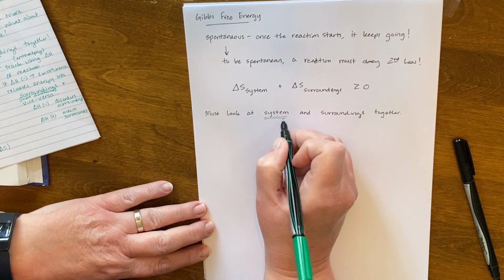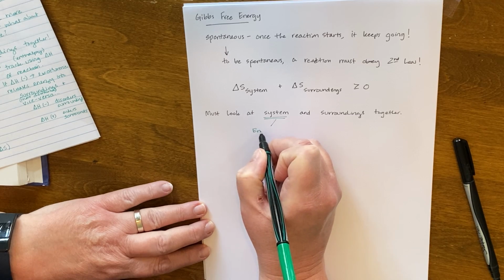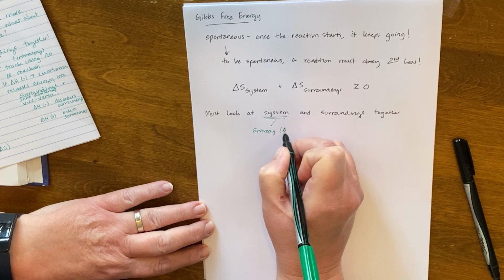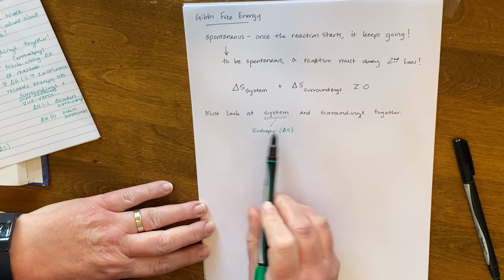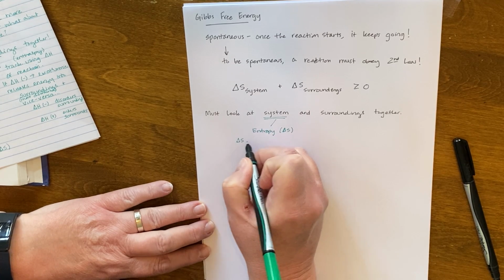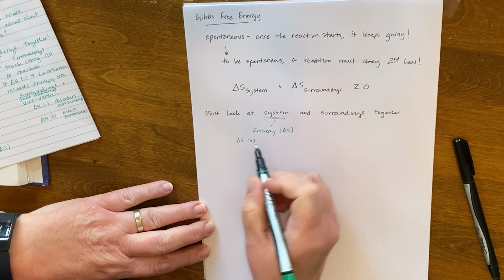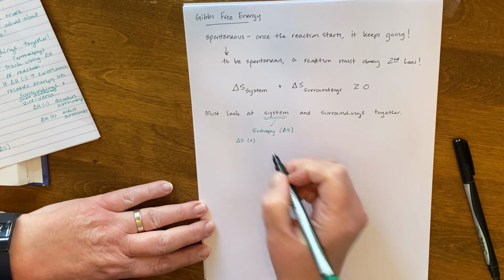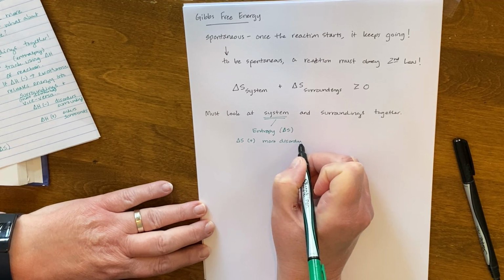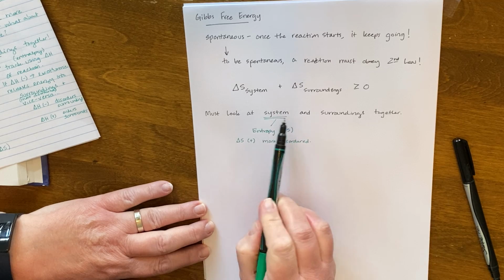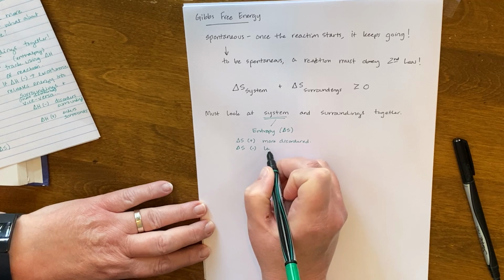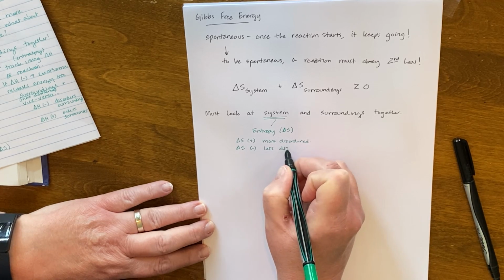Looking at the system by itself, we can look at entropy. Okay, and we track entropy with that change in delta S. This is what we've been talking about, okay? If delta S is positive, so if our change in entropy is increasing, it's becoming more disordered. Our system is becoming more disordered. If our change in S is negative, our system is becoming less disordered.